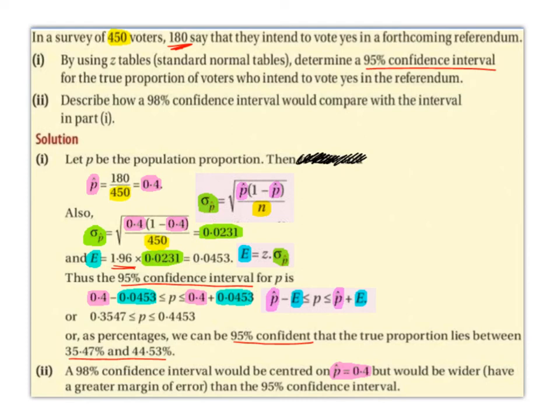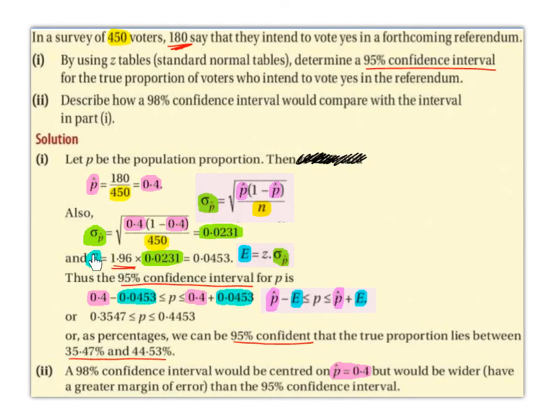Next, we're going to substitute into our formula for the standard error. So we have the square root of P hat times 1 minus P hat over n. So we have the square root of 0.4 times 1 minus 0.4 over 450. Since we're interested in a 95% confidence interval, we're going to use Z equal to 1.96.